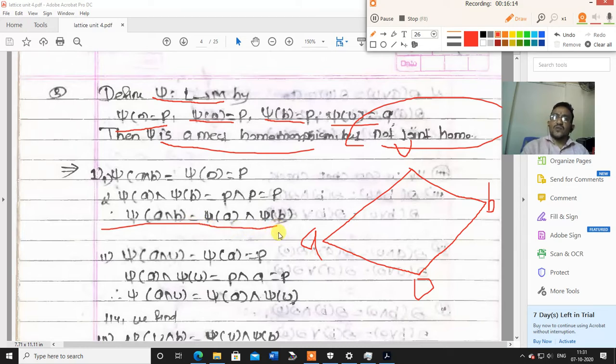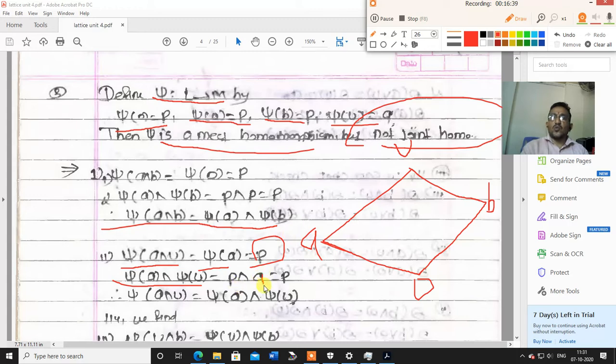Similarly we check whether given psi is a meet for a and u. So psi of a meet u is equal to, what is a meet u here? a. So psi of a is equal to p, and psi of u is equal to q.